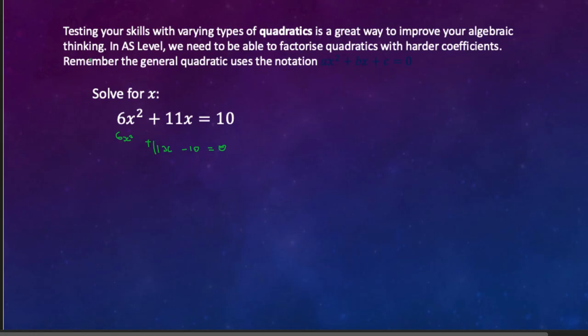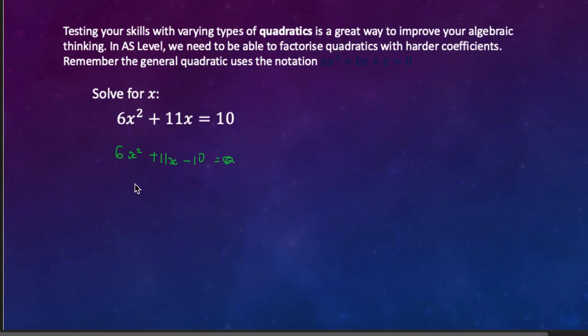So let me rewrite this in bigger letters. So 6x squared plus 11x minus 10 equals 0. So now we have this.